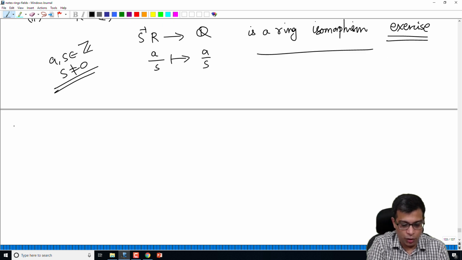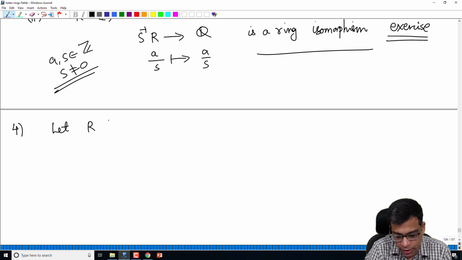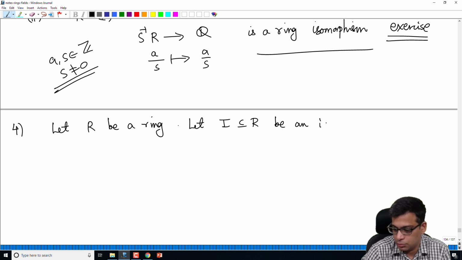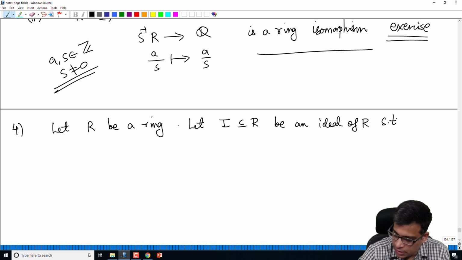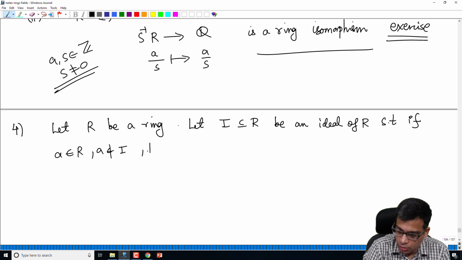So let me do now one more problem and then we'll connect it to the localization. And this is a very simple problem. So let's write it here. Let R be a ring. Let I be an ideal of R such that if A is in R and A is not in I, then A is a unit.